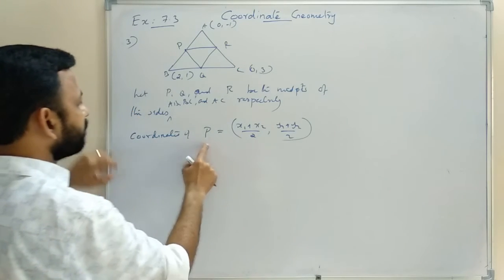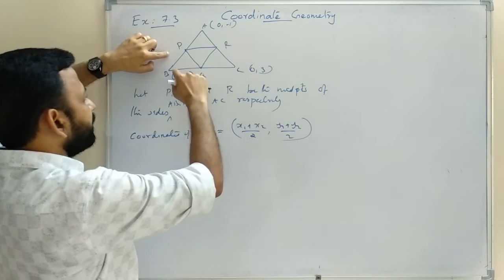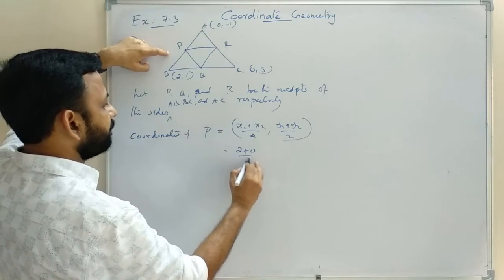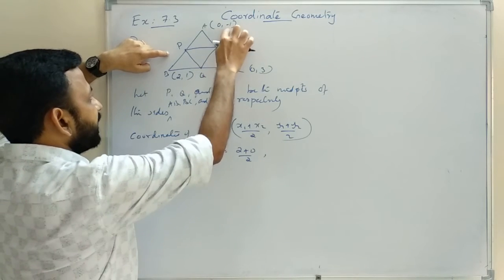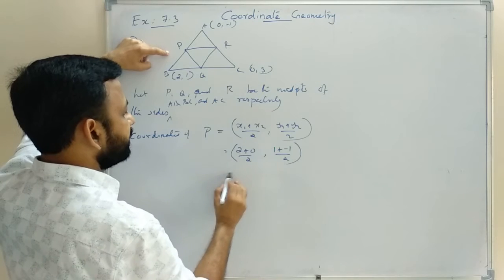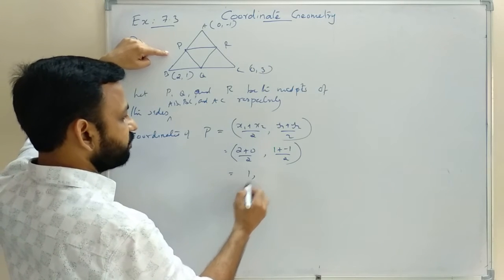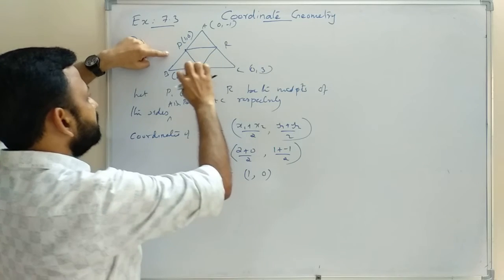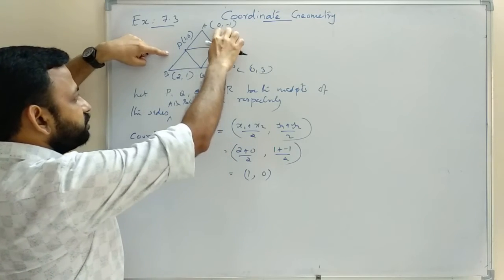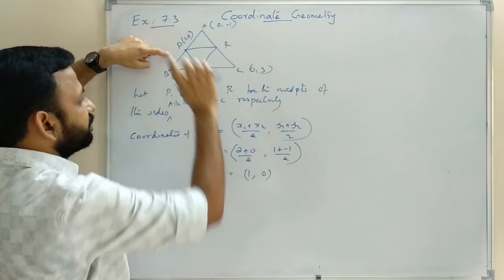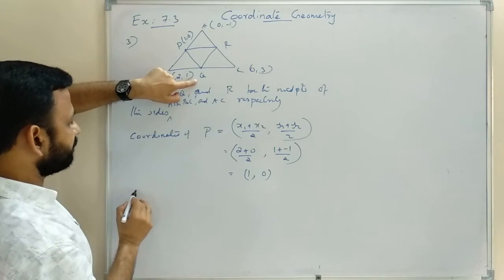So the midpoint is (2 plus 0) upon 2, comma (1 plus minus 1) upon 2. Here 2 by 2 is 1, and here 0, so the point is 1 comma 0. 2 plus 0 upon 2 is 2 by 2, 1. 1 plus minus 1 is 0, 0 by 2 is 0. Similarly, we can find the coordinates of Q.